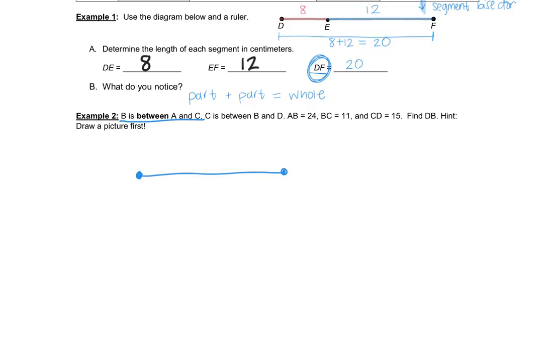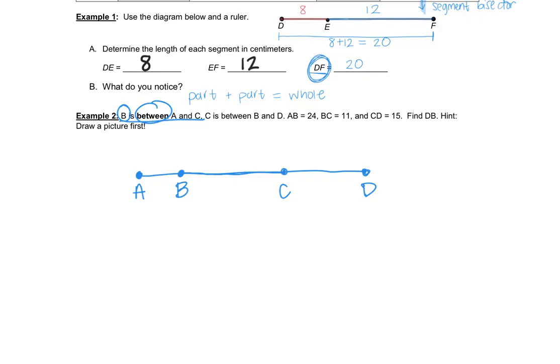So from A to C, and it says B is between, okay? So B is between, it doesn't say in the middle, so I'm just going to put it somewhere in between A and C. It also says that C is between B and D. So from B, I'm going to have to extend it all the way to D, because C should be in the middle of B and D.